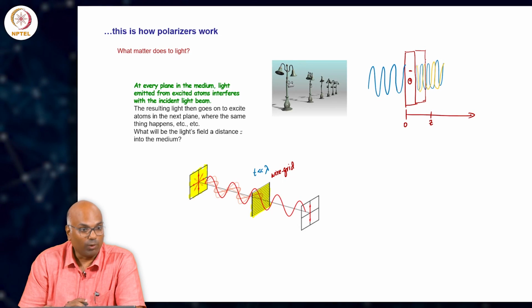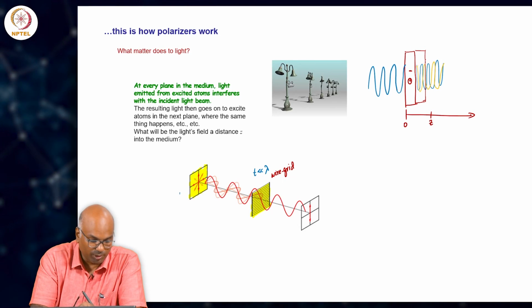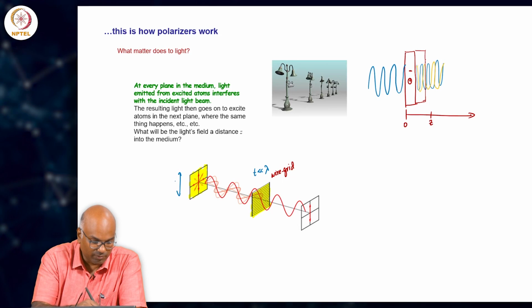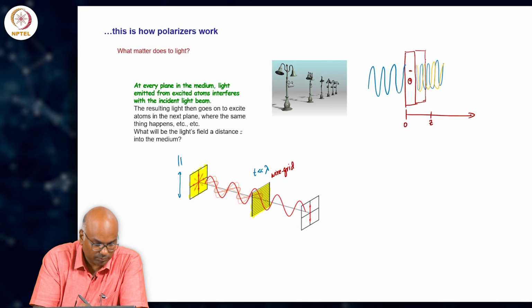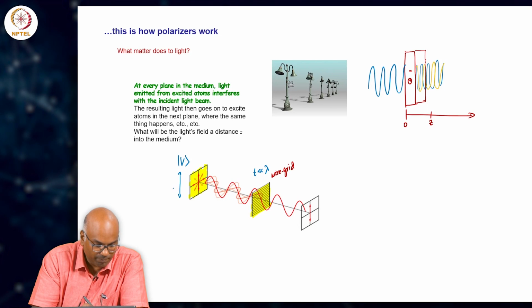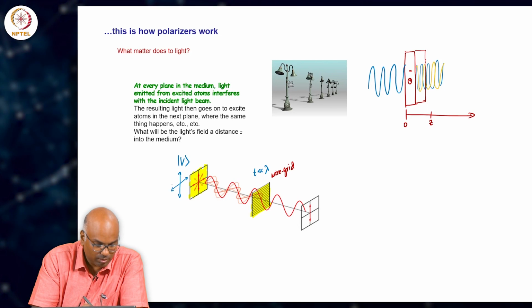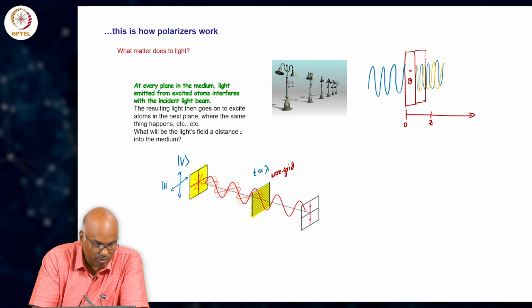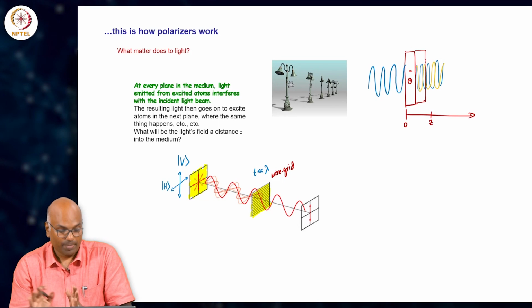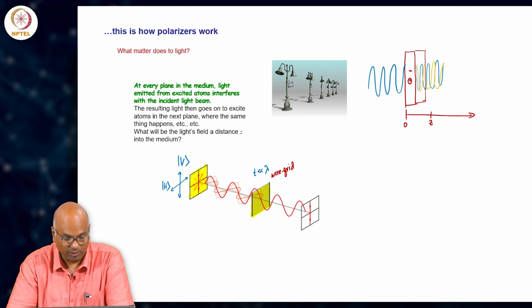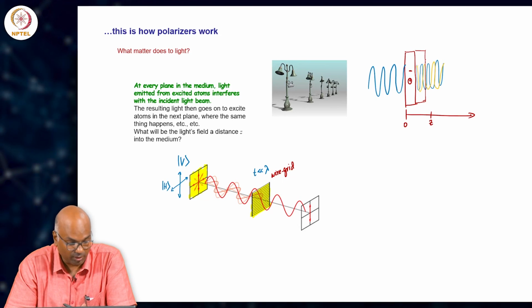It lets one of the two polarization components, in this case either the vertical, let us call it V, or the horizontal, to propagate through, ideally only one. Practical polarizers are different, we will not discuss that now.